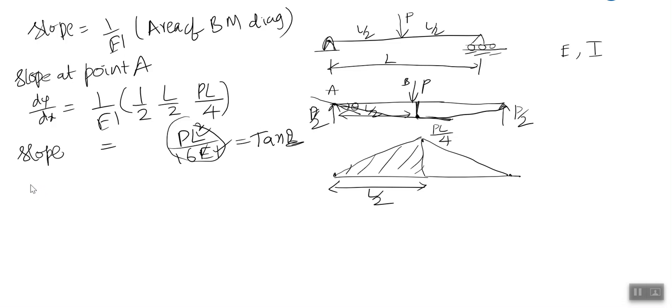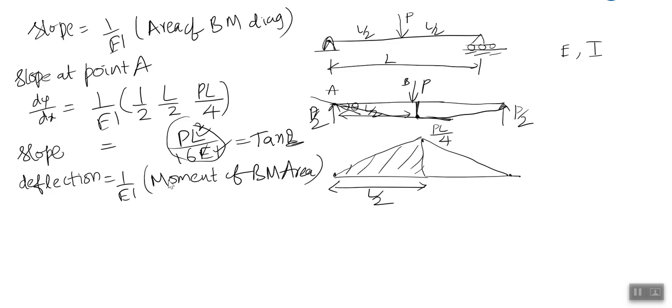The deflection is nothing but 1 by EI times the moment of the bending moment area, which is nothing but 1 by EI times bending moment area into distance.